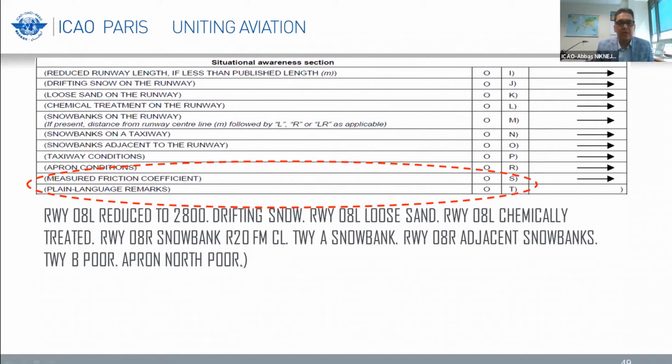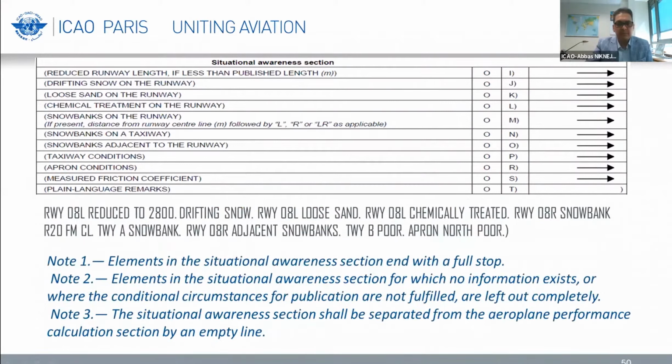Those indicators that existed before, 1, 2, 3, 4, 5, will not exist anymore in ICAO provisions, but for item S, if it's not there, you will not report it. Then item T is the plain language remarks. If you have any additional information, you will put it in item T.